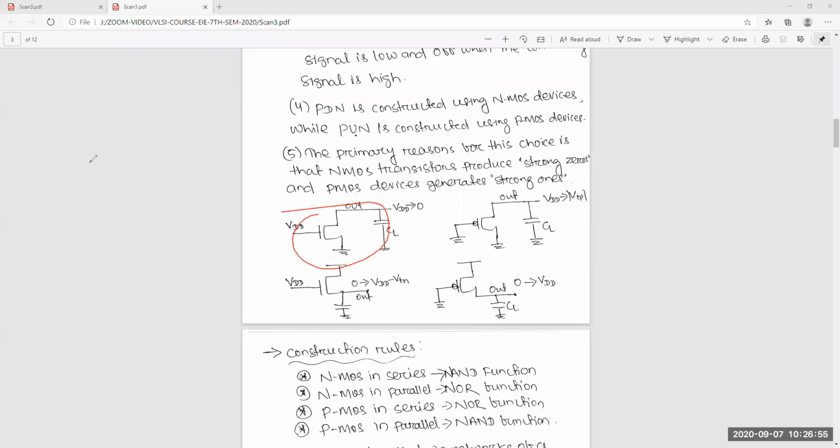So why is an NMOS preferred in the PDN and a PMOS preferred in the PUN? You can clearly see that.